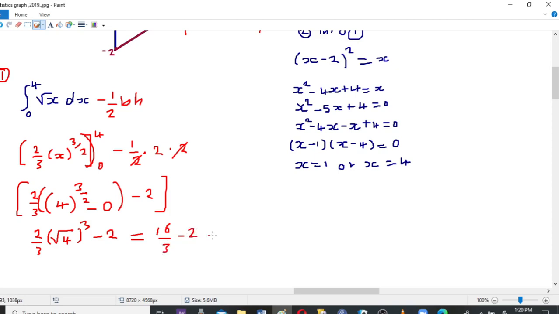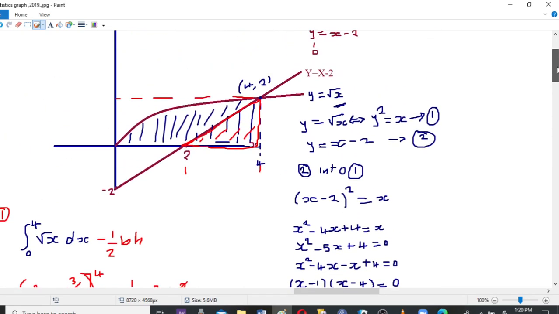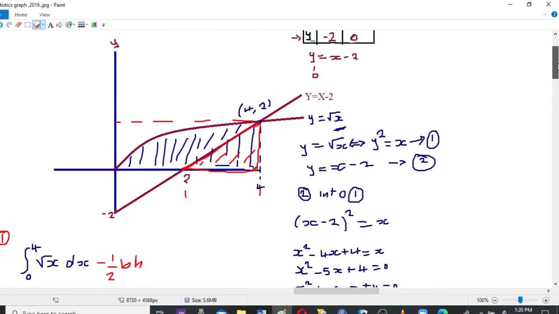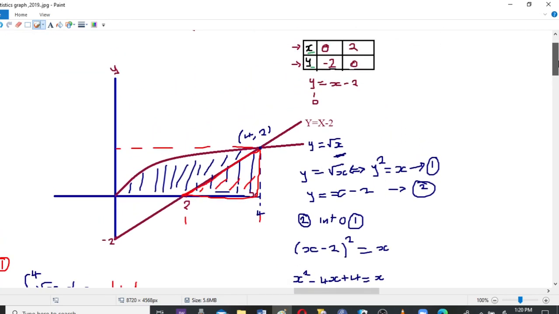Now find the lowest common denominator, which will be 3. That will give you 10 over 3. So this is the area bounded by the 3 curves that you've been given. This is the first method that we have used.